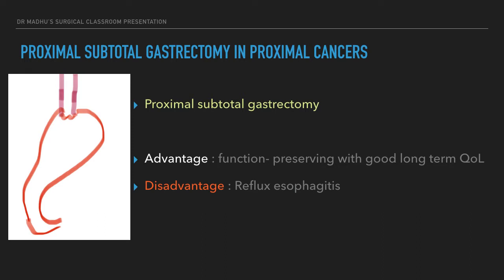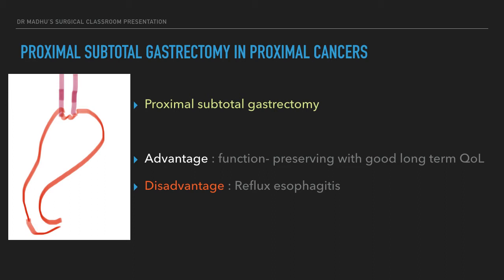Coming on to reconstruction following a proximal subtotal gastrectomy. As we have seen in our previous presentation, following a proximal subtotal gastrectomy, preserving the distal stomach is serving as a function preserving gastrectomy along with good long-term outcomes in terms of quality of life. There is a disadvantage that the acid secreted in the distal stomach can reflux into the esophagus and cause higher incidence of reflux esophagitis because the lower esophageal sphincter function is abrogated due to a proximal gastrectomy.